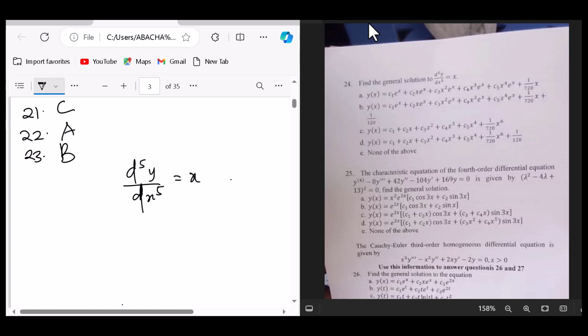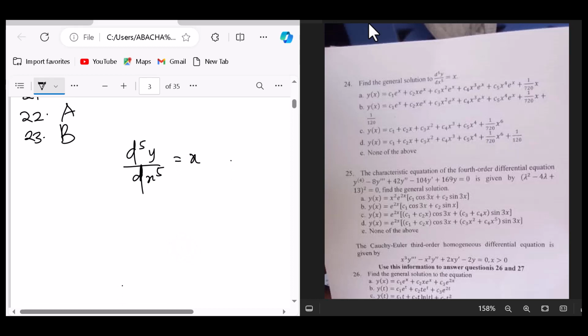So we are asked to find the general solution of this. So here we first integrate for the first time. So integrating, we get d^4 y/dx^4 equals x squared over 2 plus c1.